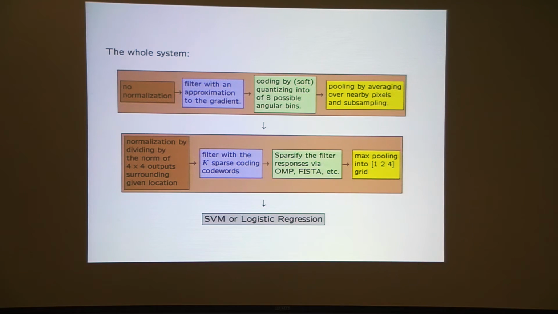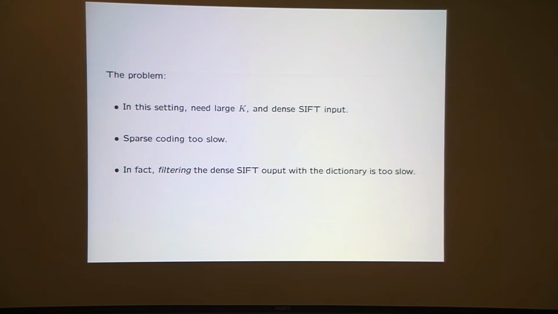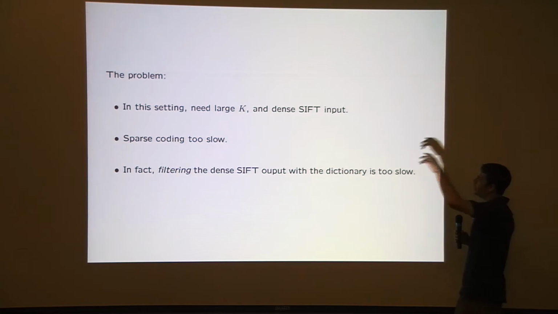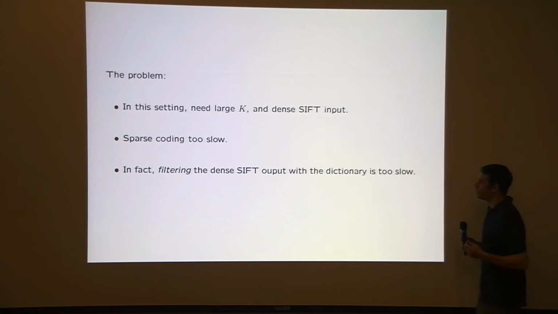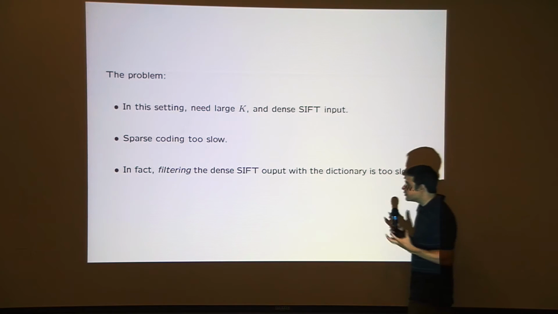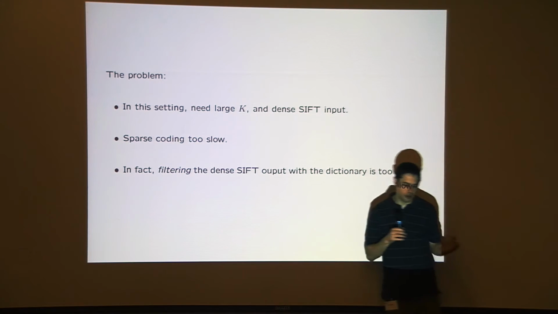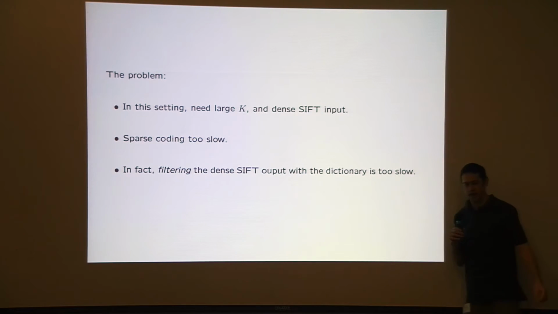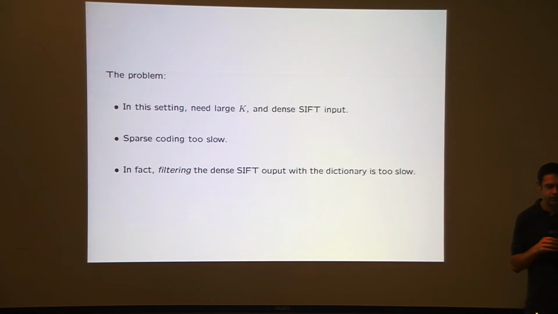For a while, this did quite well. To make it work, you need a very large dictionary, and you have to take SIFT vectors at every location in the image. And you can't do sparse coding if you want to run this in real time. In fact, you can't even multiply the dictionary times the data. You have 15,000 SIFT vectors on your 240 by 320 image, each one 128 dimensional.